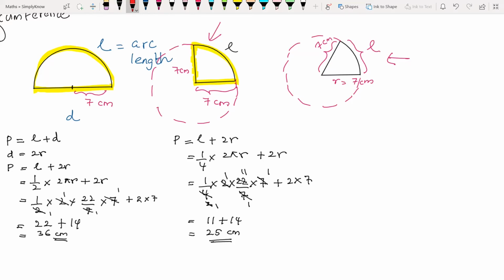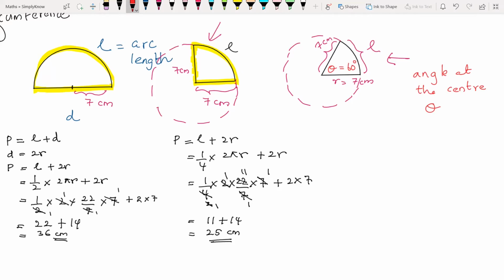And this angle at the center is called theta. Angle at the center. This is denoted by theta. And let's say this theta is 60 degrees.